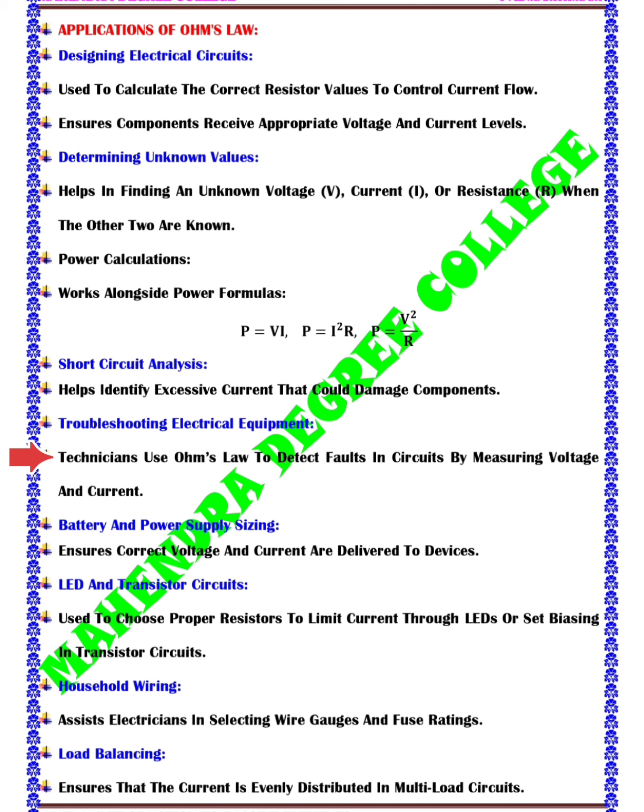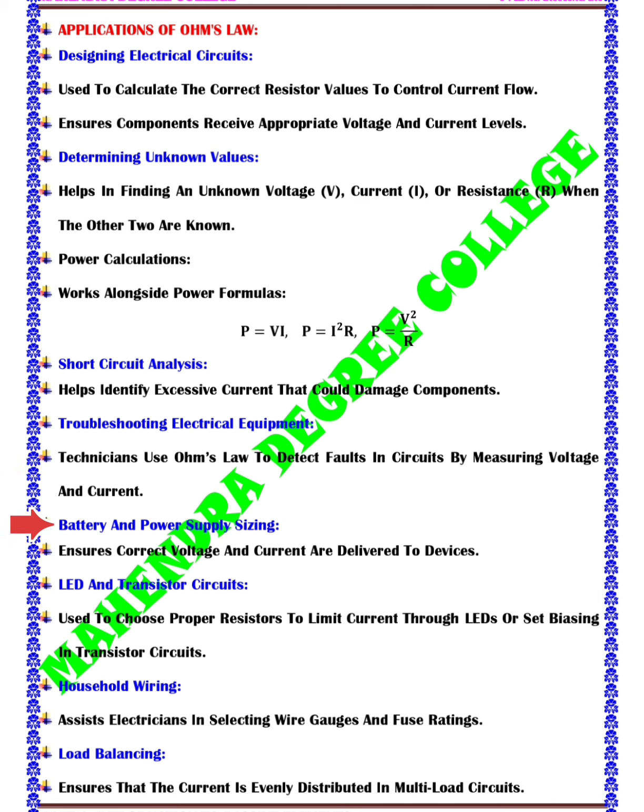It helps engineers and technicians identify issues like short circuits, component failures, and voltage drops by analyzing the relationship between voltage, current, and resistance. By measuring these values, they can pinpoint the source of the problem and determine the appropriate repair or replacement needed.